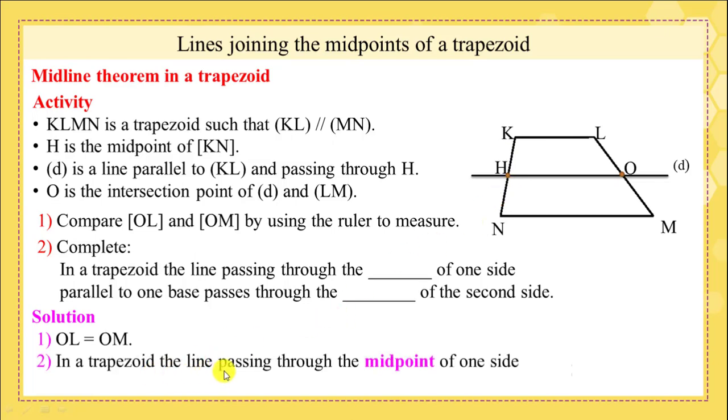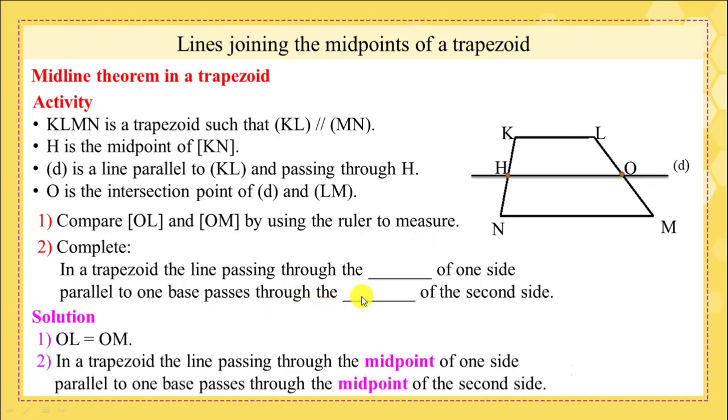So, in a trapezoid, the line passing through the midpoint of one side, parallel to one base, passes through... So, line D here passes through O. What does O represent for LM? It represents the midpoint because OL is equal to OM by part 1. So, passes through the midpoint of the second side.